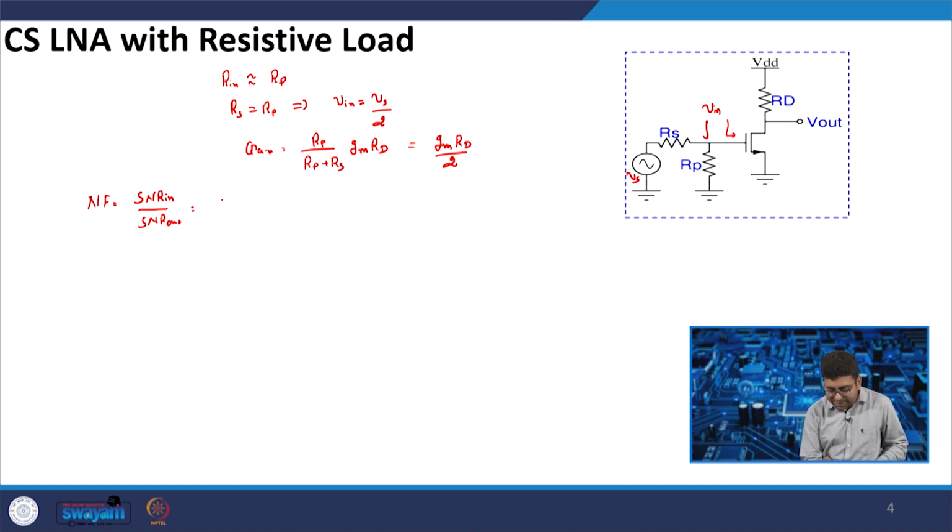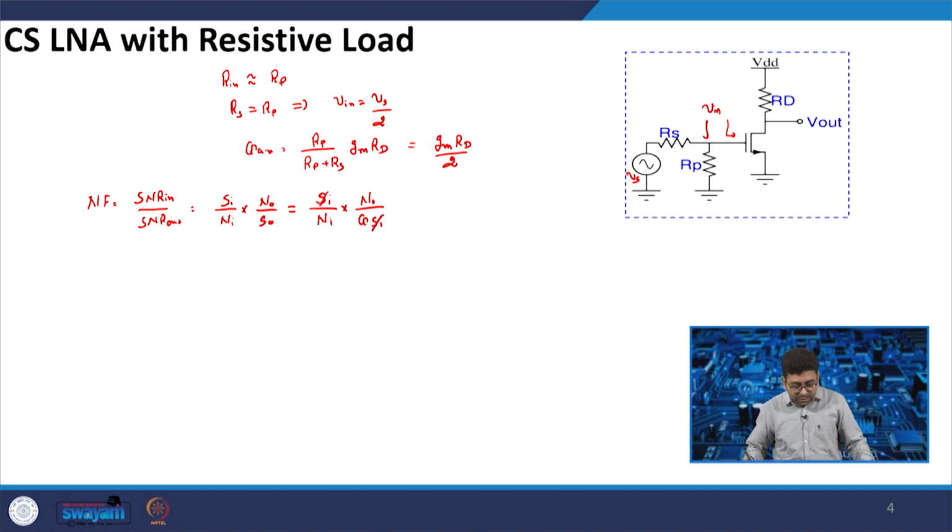So, I can write it like this: Si by Ni into No by So. That can again be decomposed as Si by Ni into No by G into Si, where Si cancels out.